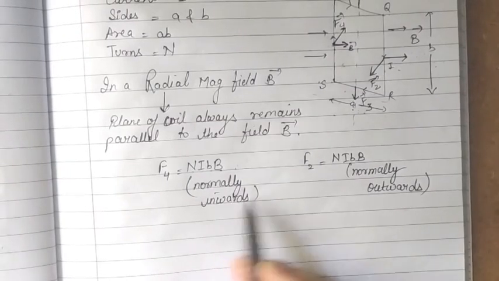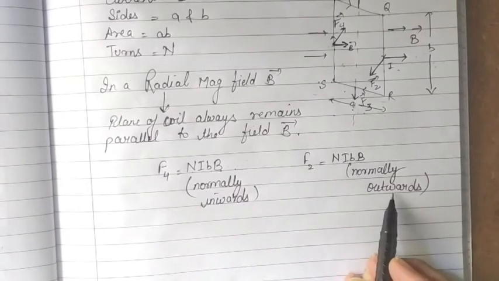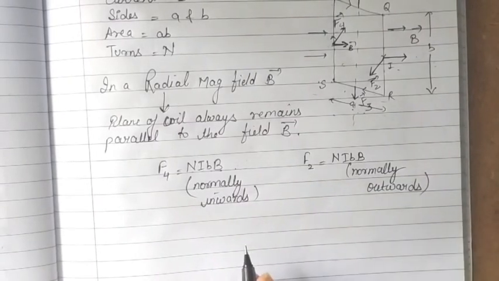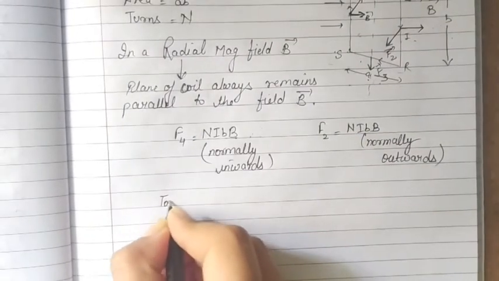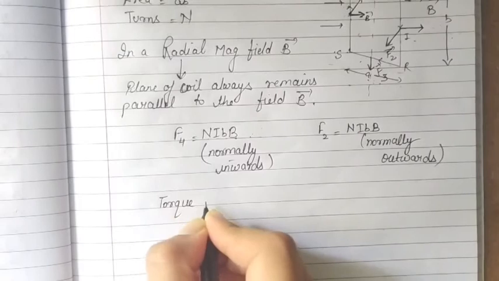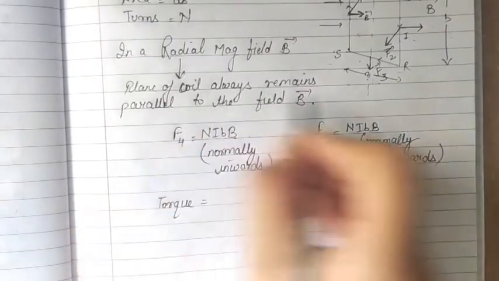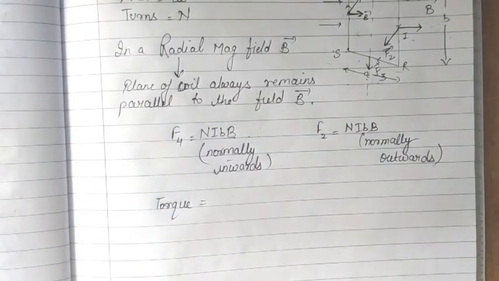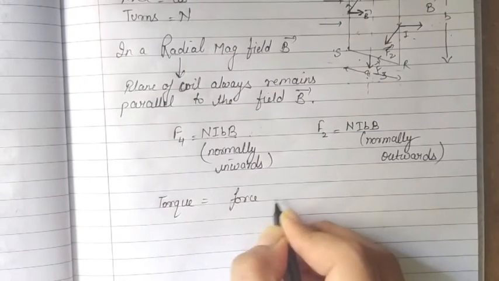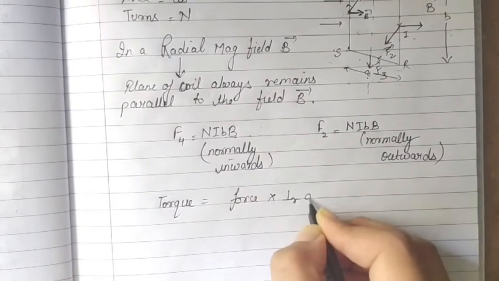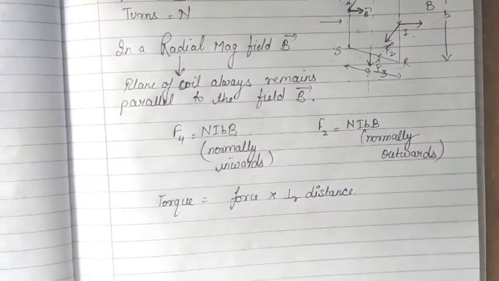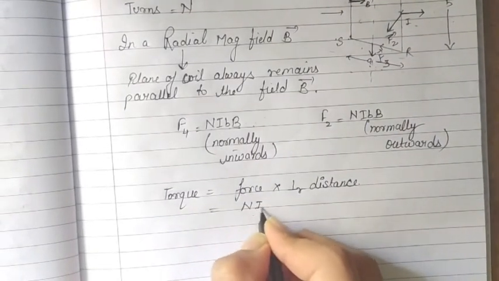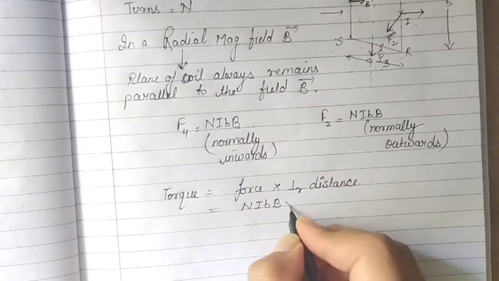Because of the couple formed by these two forces, there exists a torque. The torque that acts because of this couple of forces is equal to force into the perpendicular distance between them. The force has value N I b B, and the perpendicular distance between them is this.